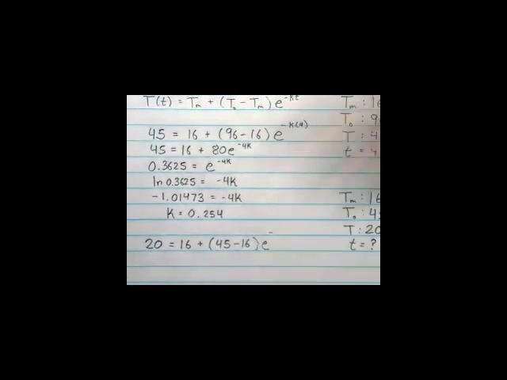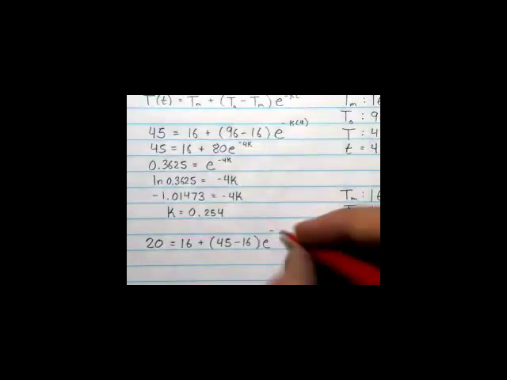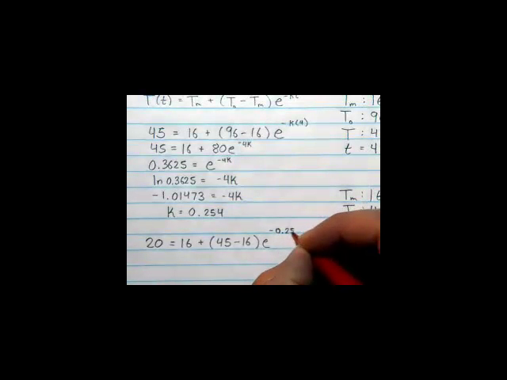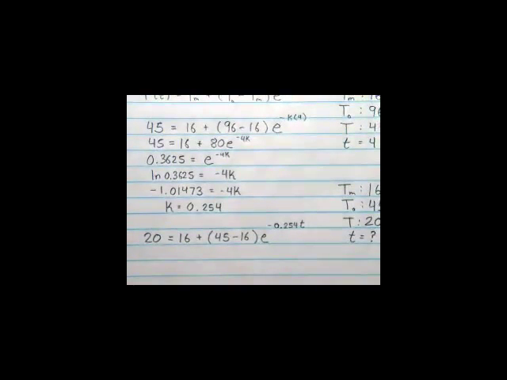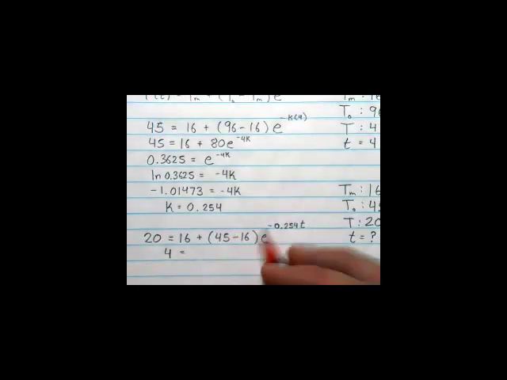It's this negative 0.254 T. And it's really the same process, algebraically. Now you solve it for T. So if I subtract the 16, I get a 4. 45 minus 16 is 29.